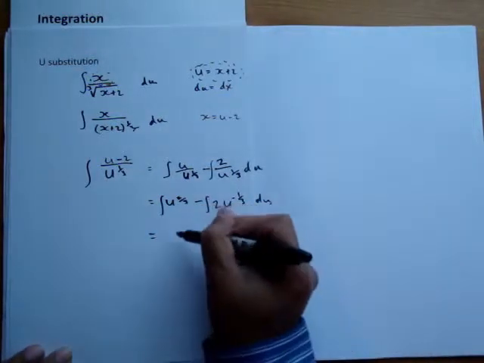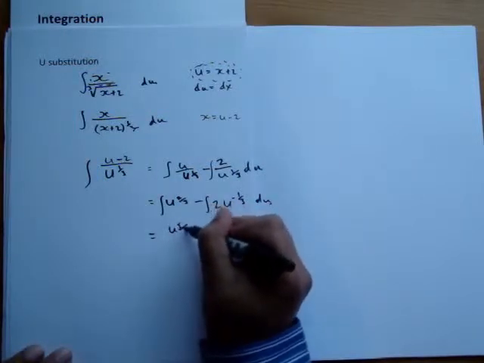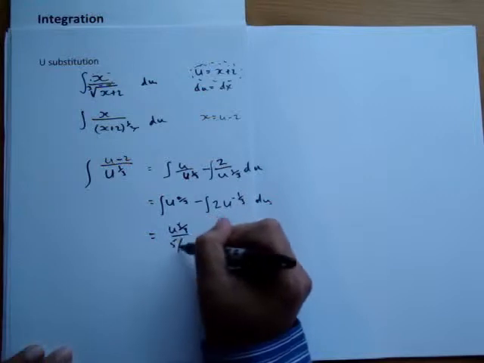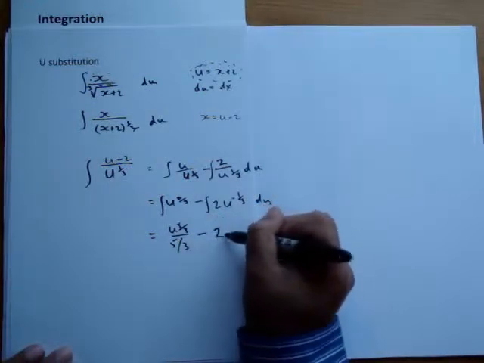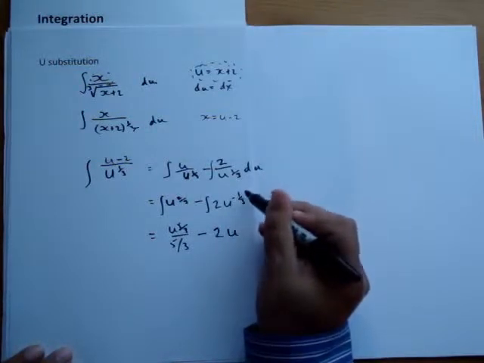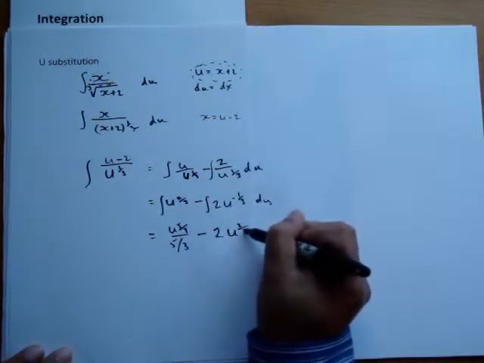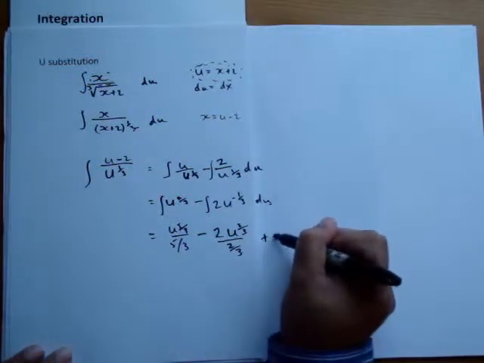When we do the actual integration, we add 1: u to the 5/3 over 5/3, minus 2 times u to the minus 1/3 plus 1, which is 2/3, so that's over 2/3, plus c.